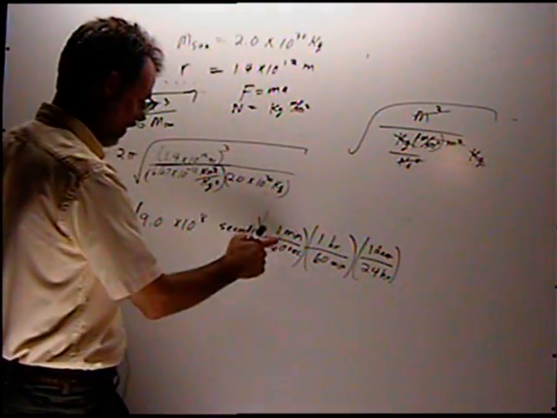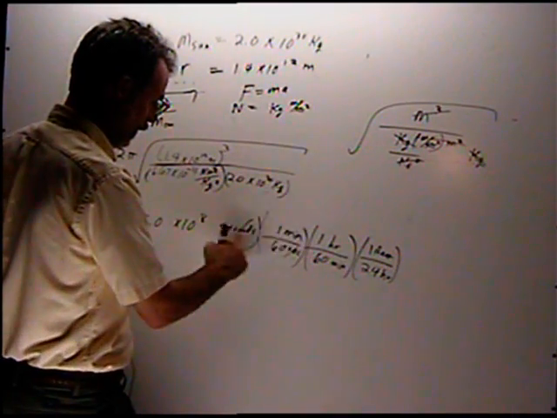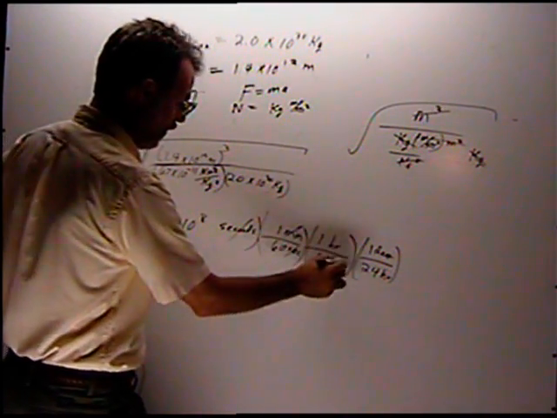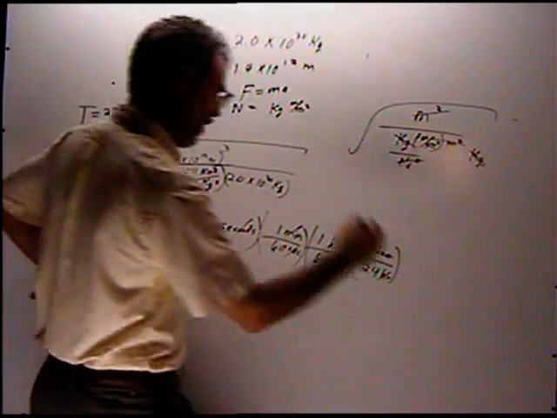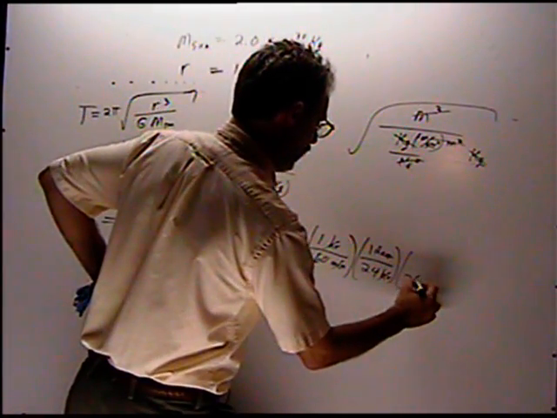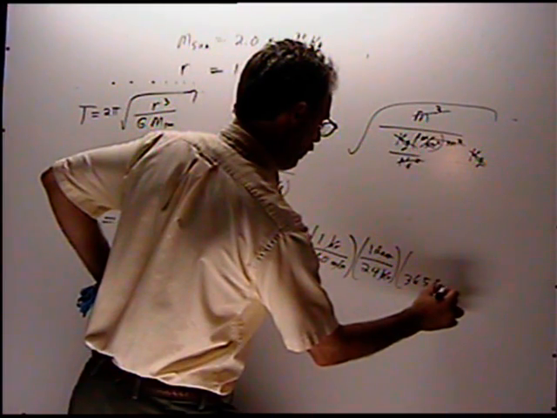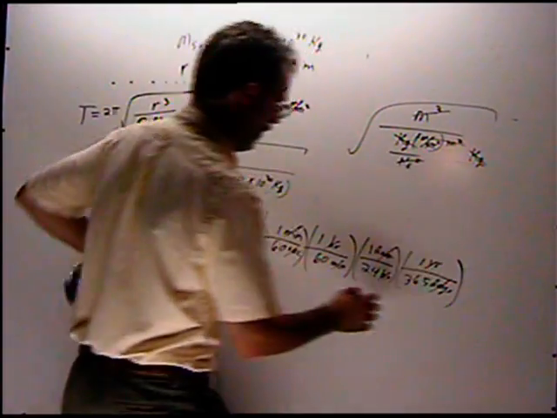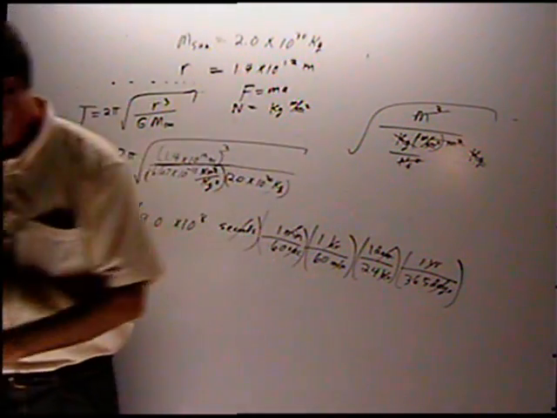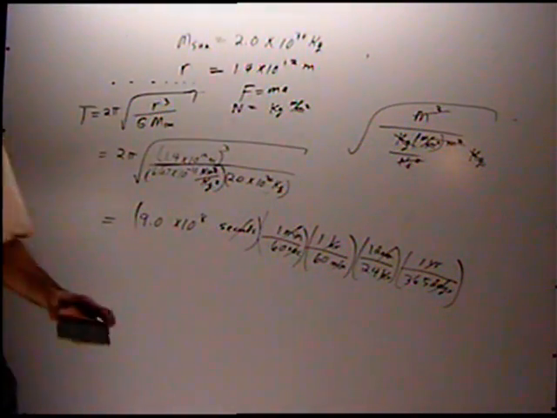Notice that the seconds will cancel out, then the minutes will cancel out, and hours will cancel out, so we're up to days. How about a year? 365 days equals 1 year, and the days will cancel out. So if we multiply this all through, we'll convert this to years.